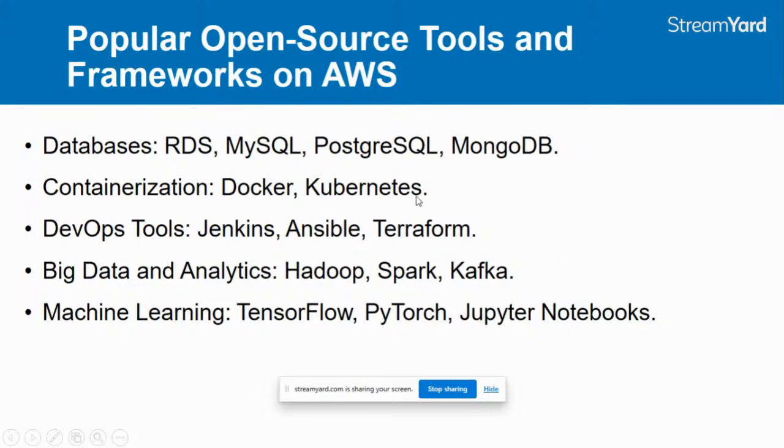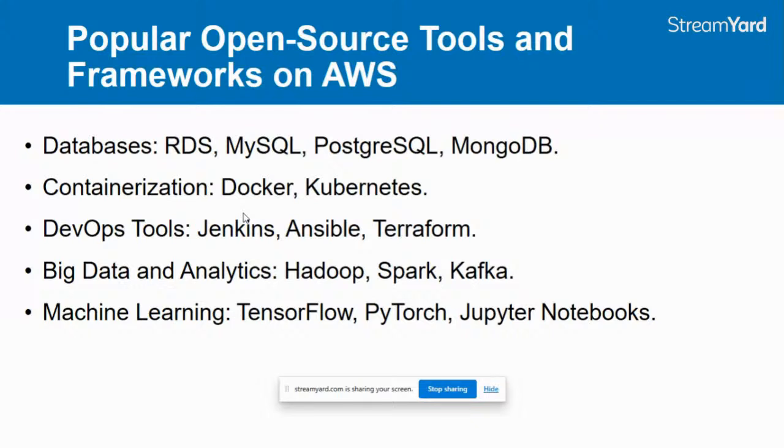Then, when we talk about containerization, the popular open source tools supported by AWS are Docker and Kubernetes. When we are building DevOps pipelines, we have support for Jenkins, Ansible, and Terraform. Though AWS has its own services as well.